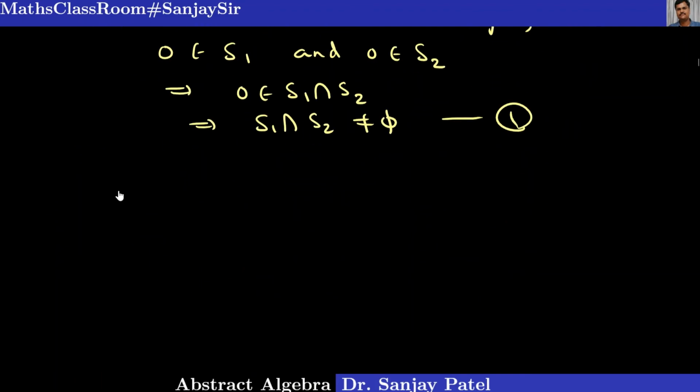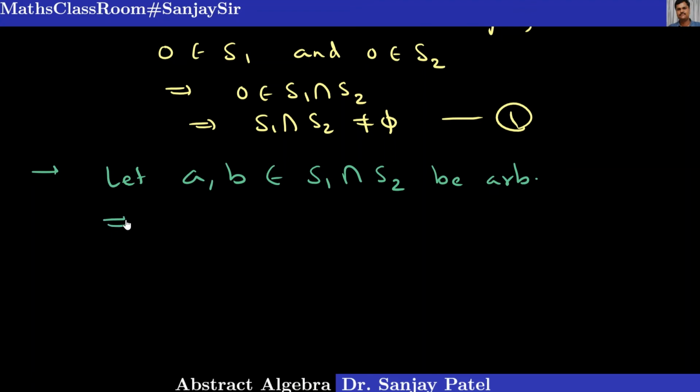Now I will prove that it satisfies that condition. I want to show that S1 intersection S2 is a subring, so I am starting with any two elements in S1 intersection S2. We don't know what they are. So let a, b belong to S1 intersection S2 be any two elements. This means that a and b are in S1 and also a and b are in S2, because intersection means it contains all elements in S1 as well as S2.